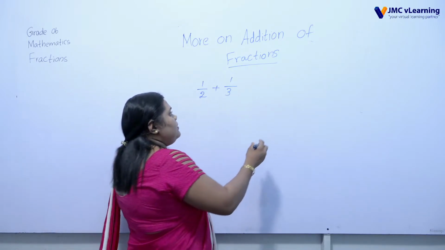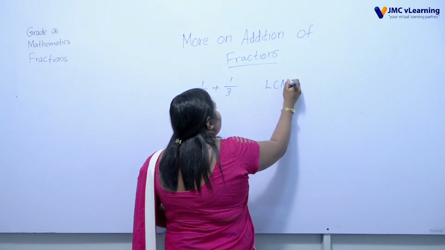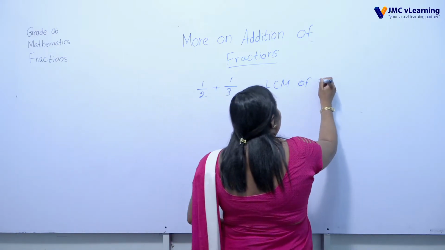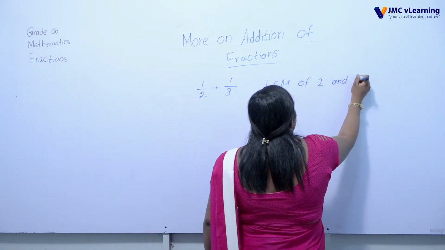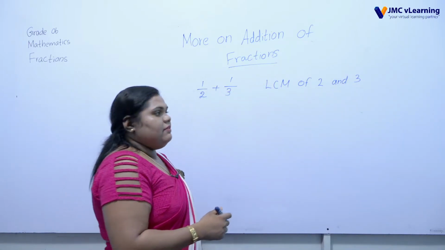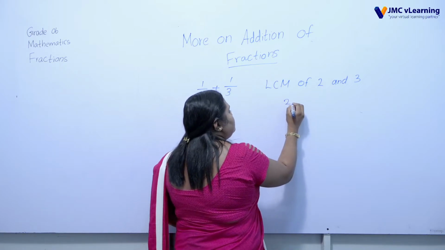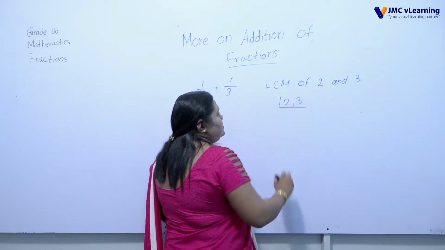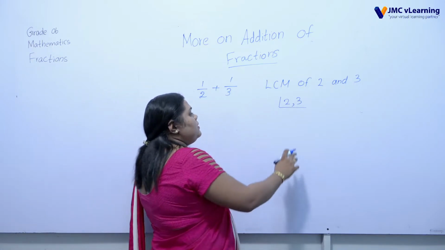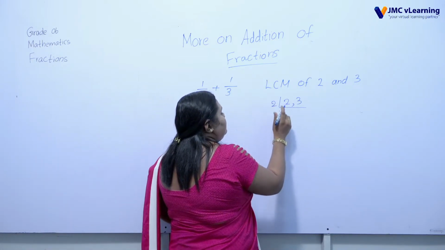You want to find the LCM of 2 and 3. I think we have already done it earlier also, but again I will do it. Now I will use this method to find the LCM, lowest common multiple. Here first we want to divide by 2.